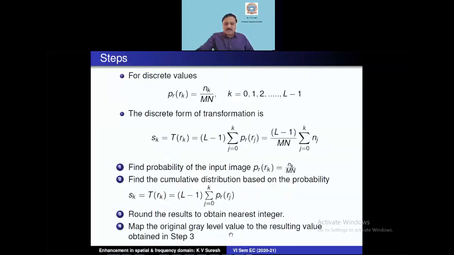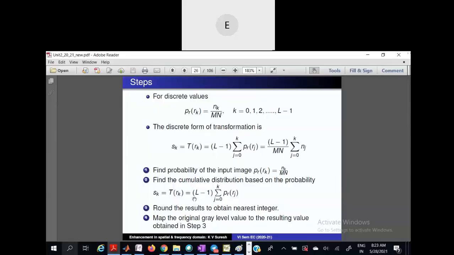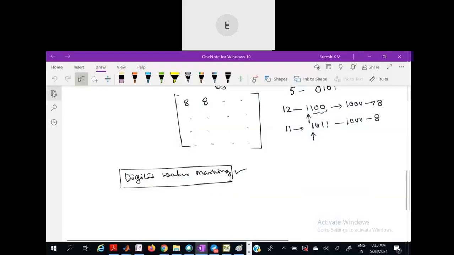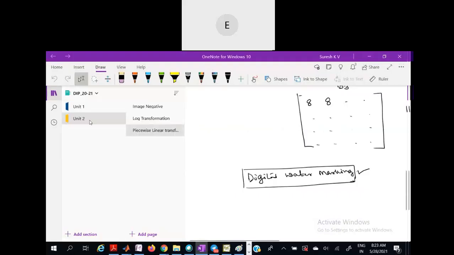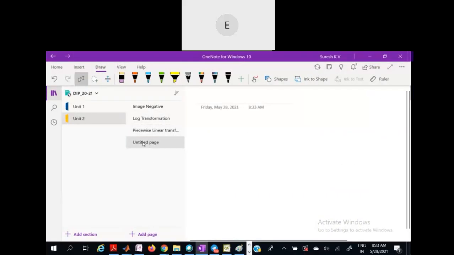Okay. So let me now just go to my OneNote and try to solve a problem. So is the OneNote visible?